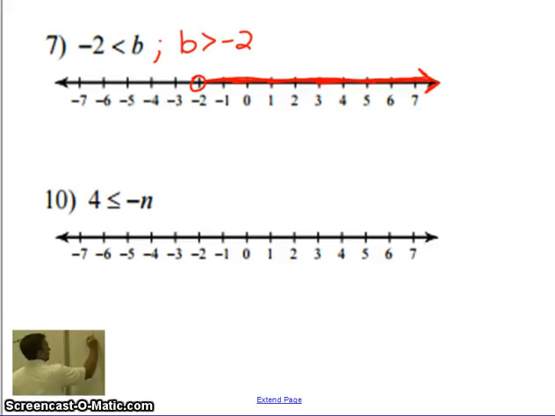Next, 4 is less than or equal to -n. So we know that -n is less than or equal to 4. Now here's the trick.